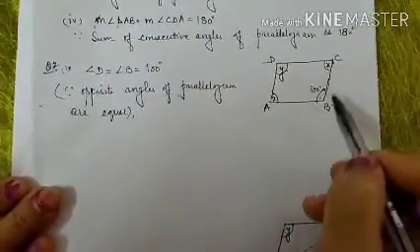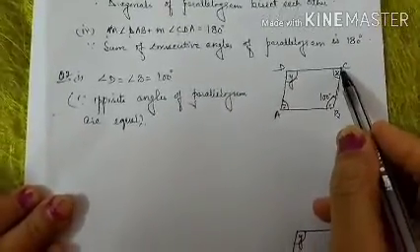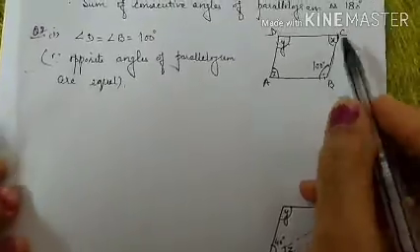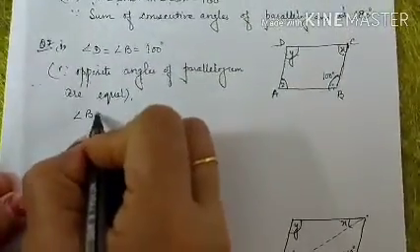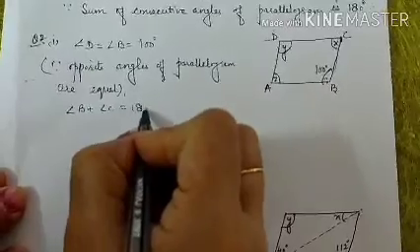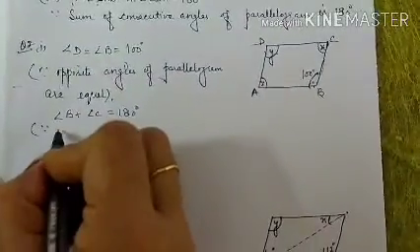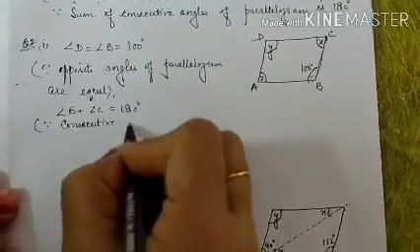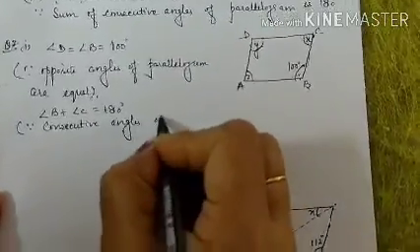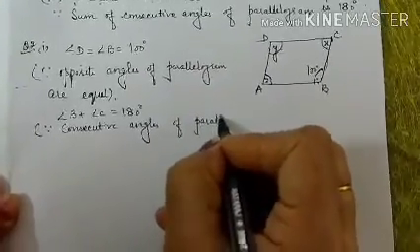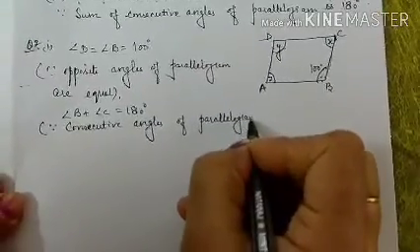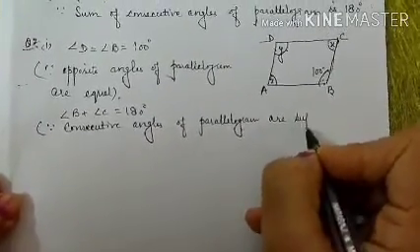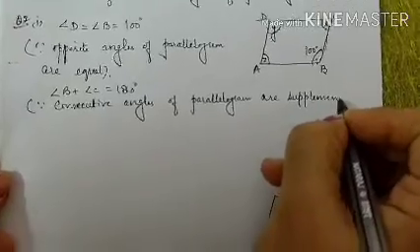Now these two angles B and C are consecutive angles. Therefore, the sum of these two angles will be 180 degrees. So angle B plus angle C is equal to 180 degrees because consecutive angles of a parallelogram, or you can say adjacent angles, are supplementary.